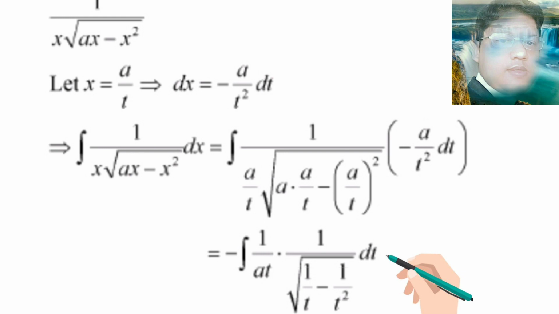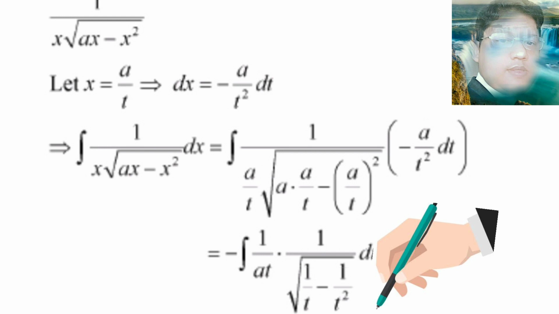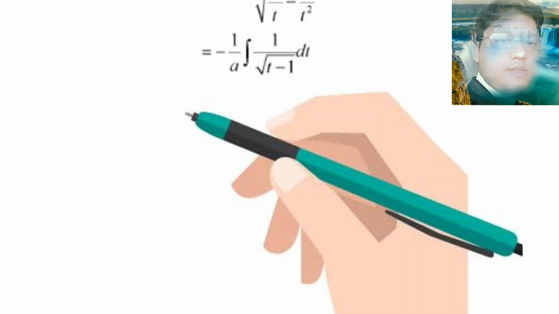Look, if I take the LCM of these parts, then I get 1 upon t minus 1 upon t square into dt, with 1 upon a and the minus sign.